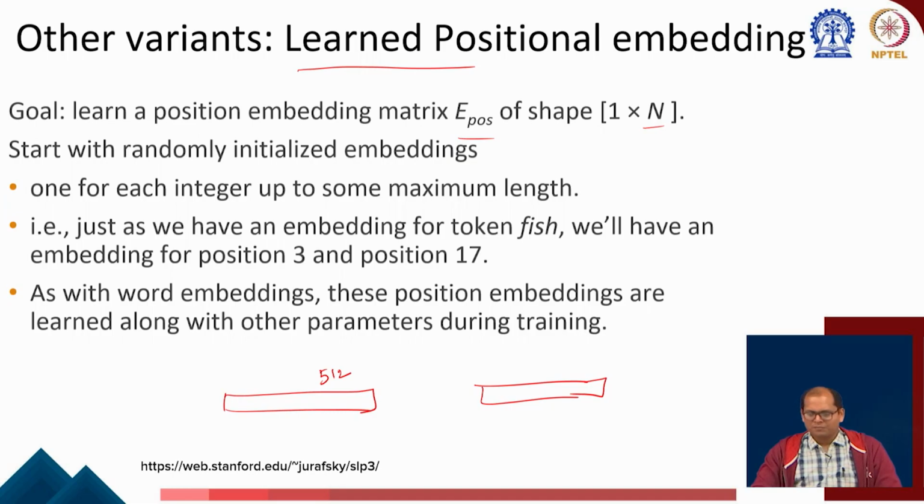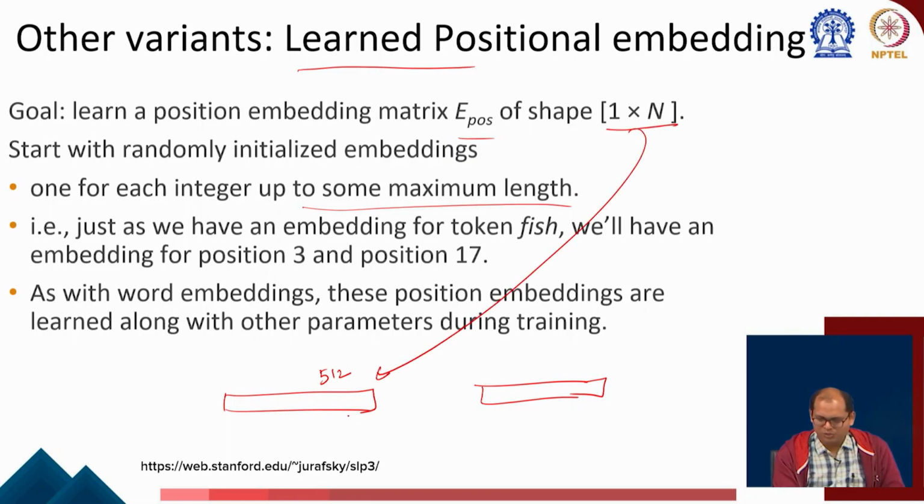So what I will do is initialize with some randomly initialized embedding, one for each integer, up to some maximum length. So this 1 cross n corresponds to one particular position, and then you will have whatever number of positions you want.